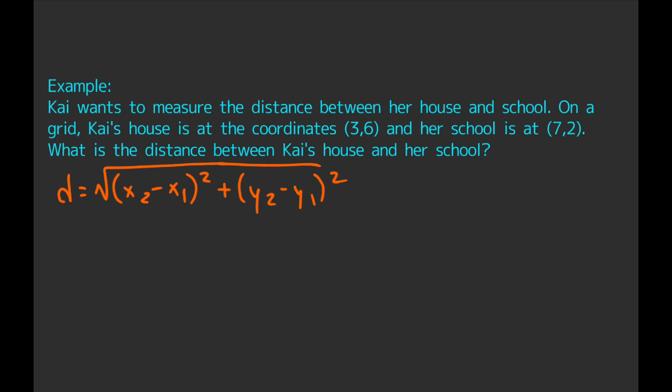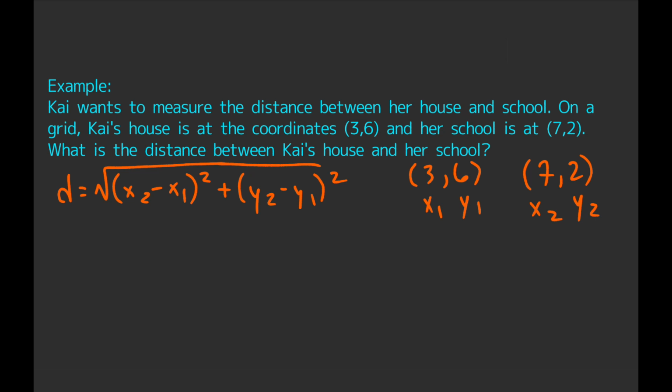So first let's identify which coordinate will be x1, y1 and which coordinate will be x2, y2. It actually doesn't matter which coordinate is 1 or 2, so I'm just going to say that 3, 6 will be our x1, y1, and 7, 2 will be our x2, y2.